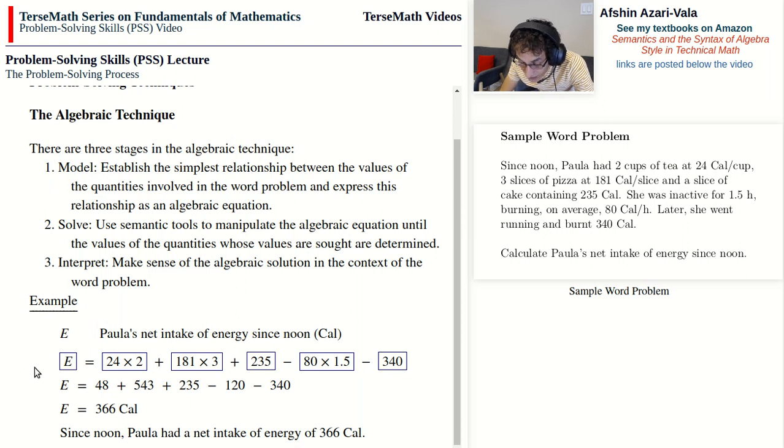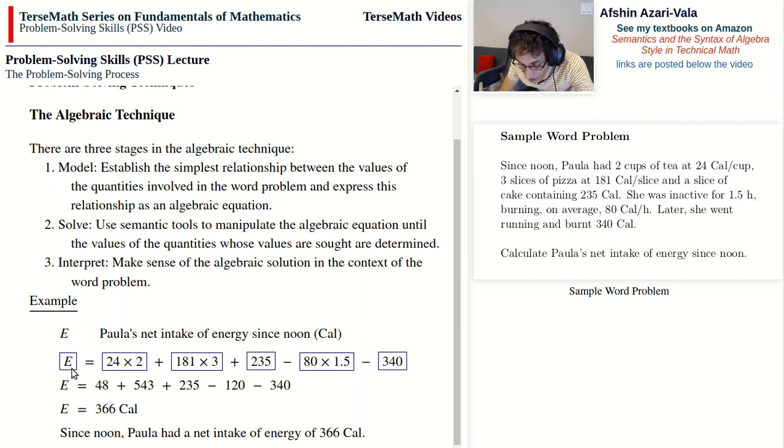So if you take a look at it now, this algebraic equation is really a way to encode the following sentence. It says, Paula's net intake of energy since noon. Now, how do I know that? It's right here.